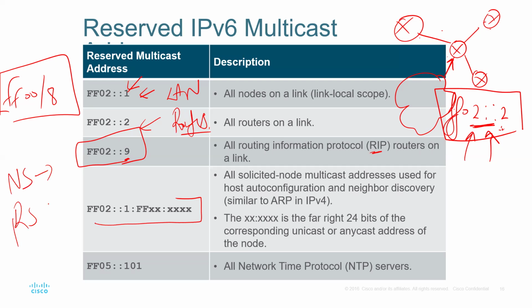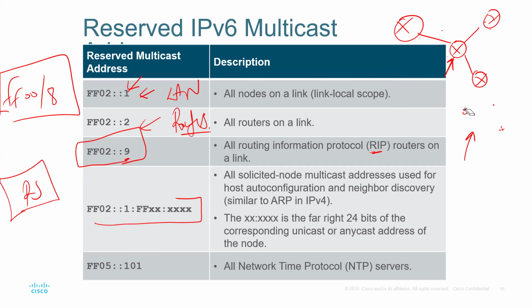So let's say in a network, you have multiple devices that have sent RS, router solicitation. For example, right here, my devices are going to send RS so that they are requesting information about the routing status per network.